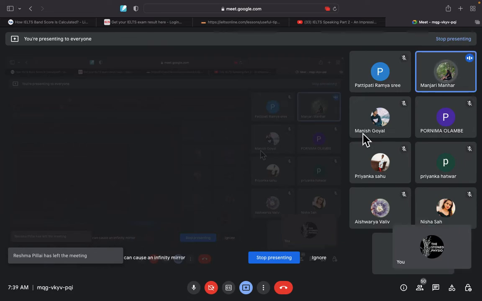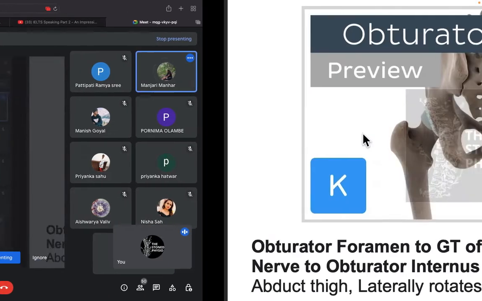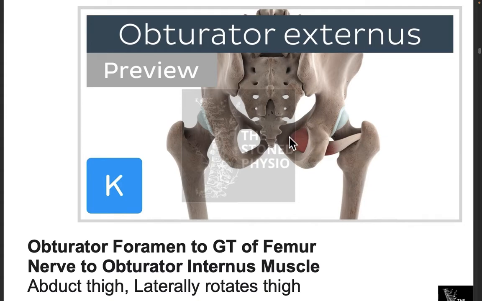Sir, can you repeat about the obturators? Okay, this is the obturator foramen. On the outer side of the obturator foramen, or the ventral part, right now we are having a look at the posterior part of the pelvis. This is the posterior view. So we can say the obturator externus. Why the name externus? Because it is present externally and getting attached on the obturator foramen.